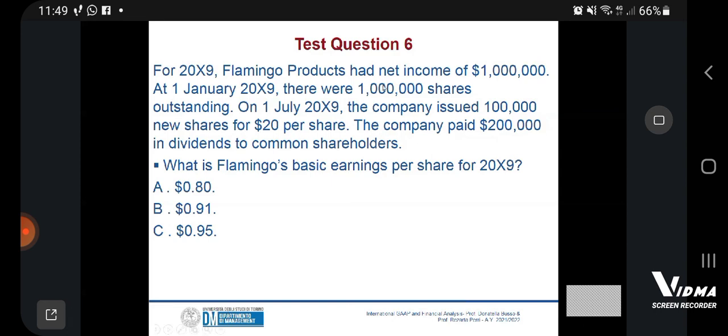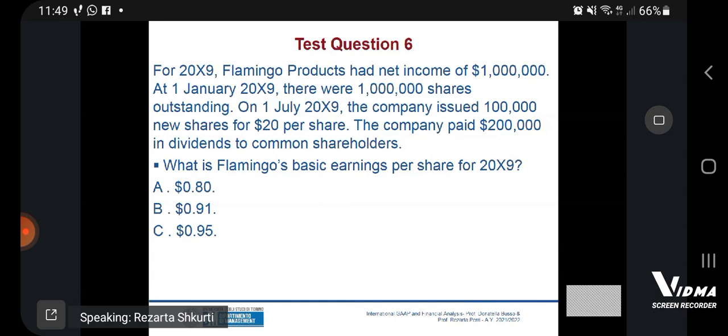So again, we have this company, net income is 1 million. There were 1 million shares outstanding as well. On 1st of July, the company issued 100,000 new shares for this price. The company paid 200,000 in dividends to common shareholders. What is the basic earnings per share?